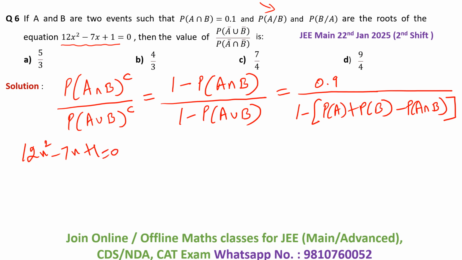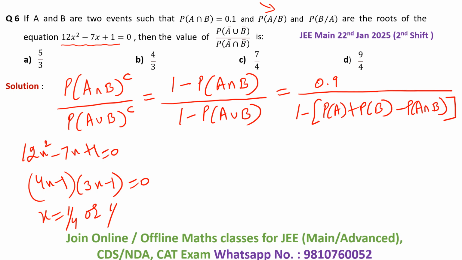The roots of this equation come as 1 by 4 and 1 by 3. Now you can assume any value among these to be P(A/B). That means you can either take P(A/B) as 1 by 3 or 1 by 4. That is your choice, because it is not going to affect the answer of the question.